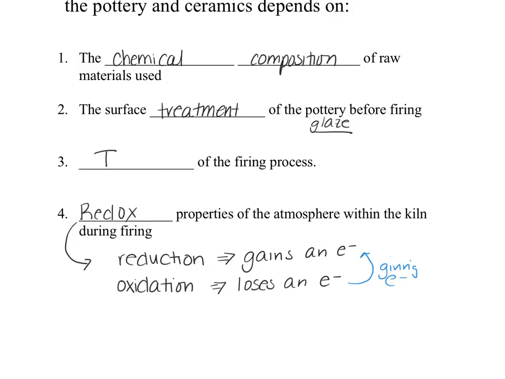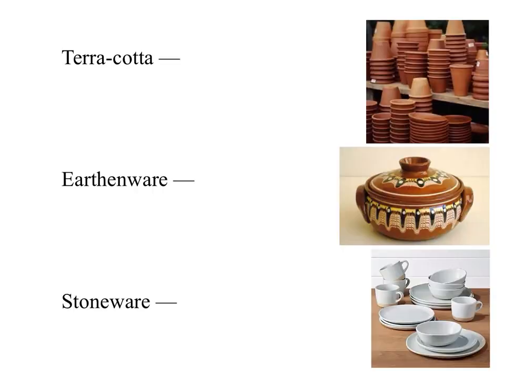And that can change the type of pottery that you make if you have different redox properties within the atmosphere that helps that electron be transferred. So this results in all sorts of different types of ceramics that we run into. So we're going to talk about some of these. This is not an exclusive or inclusive list, but just really a sampling of all of the different ceramics we can see. So the first one we're going to talk about is terracotta.